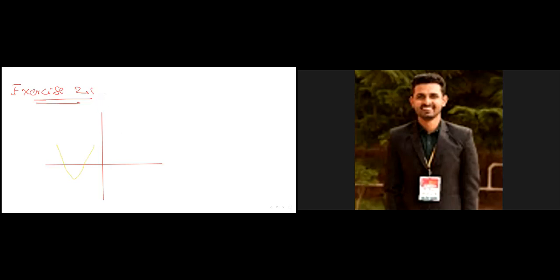Okay, how many zeros here? This is the fourth one. How many zeros? Yes, only 2. And what type of polynomial is this?